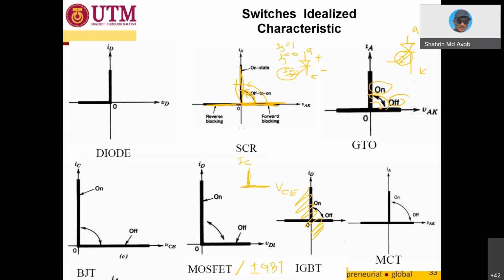The characteristic is the same as the transistors, but this one is IC versus VCE. Okay. So for the BJT, IC versus VCE. For the MOSFET, it is I drain versus VDS. Okay. So this is the switch idealized characteristic.